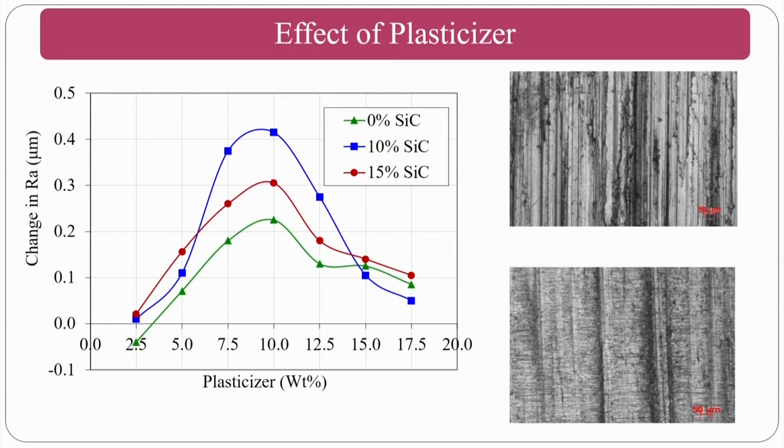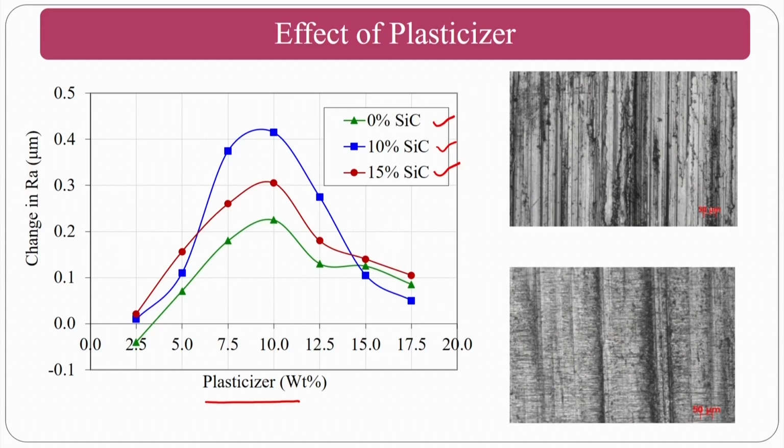So, we move on to the effect of one of the medium parameters, called plasticizer. We have taken here aluminum alloy, silicon carbide metal matrix composite. One is purely aluminum alloy, the second one is 10% SiC, the third one is 15% SiC. Do not bother about all these things. If you see the finishing mechanism with respect to plasticizers, you can consider any one curve, because we are interested to know about plasticizer.